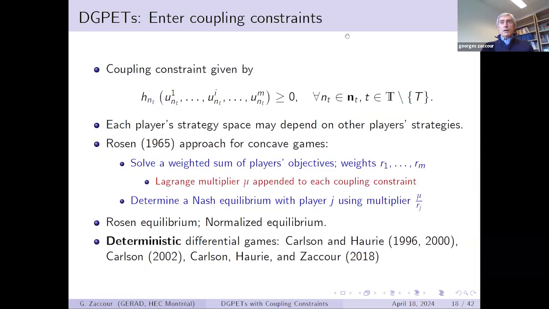Okay, so now I want to enter these coupling constraints. Sorry, a second. As I mentioned earlier, we have coupling constraints of the following form. At any node NT, what all players are doing is coupled in the sense that they must collectively satisfy a constraint like this one.